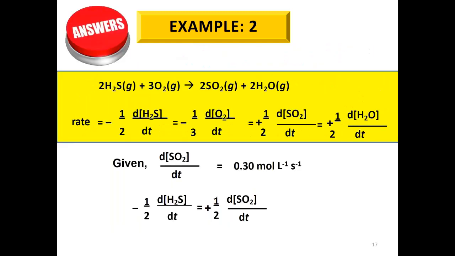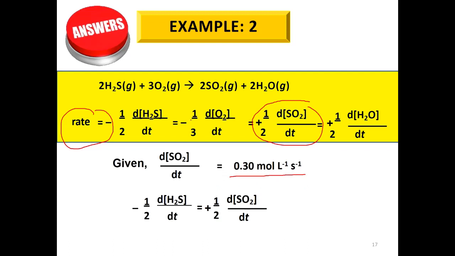From this rate equation, and given this, we have d SO2 over dt as 0.3 mole per liter per second.